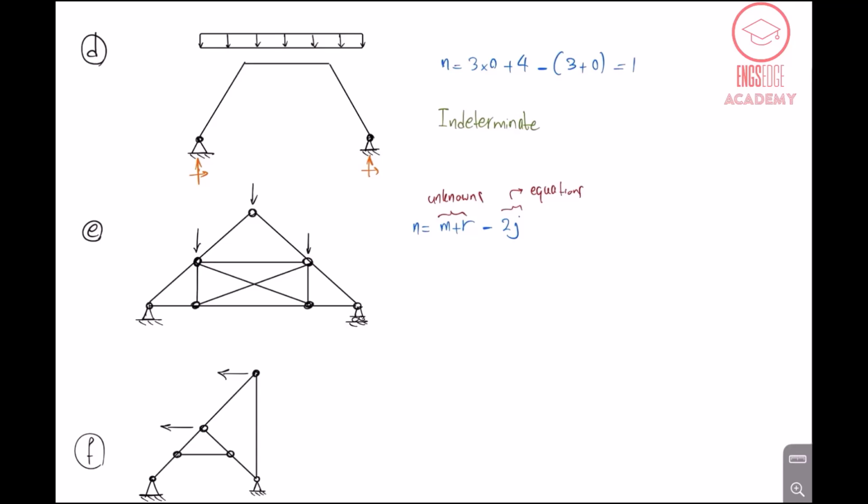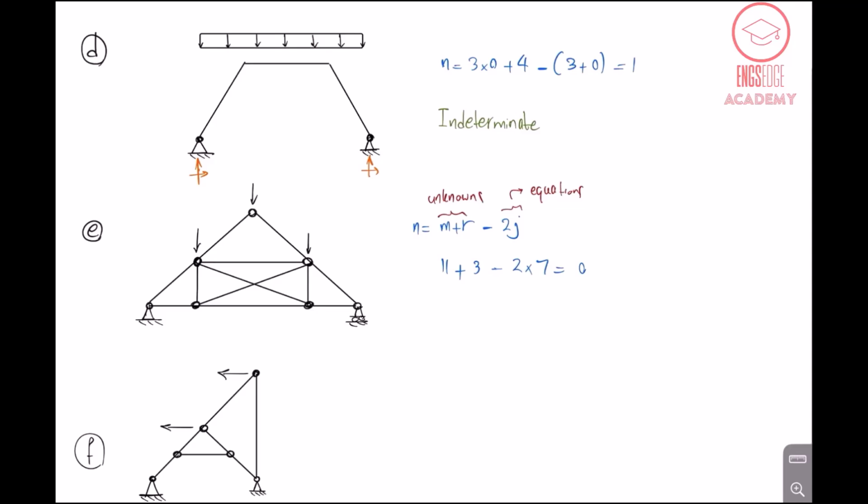Let's count. 1, 2, 3, 4, 5, 6, 7, 8, 9, 10, 11 members, plus 3 reactions, minus 2 by 7 joints. 1, 2, 3, 4, 5, 6, 7. So the structure would be determinate, if it's stable.